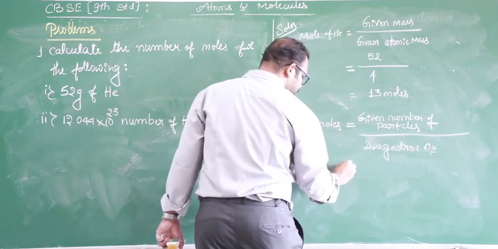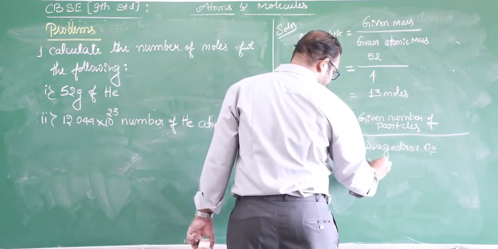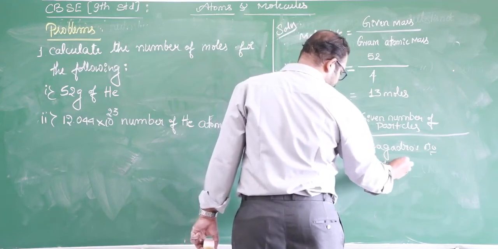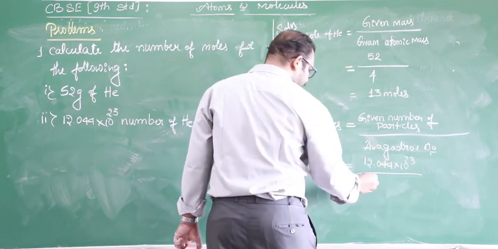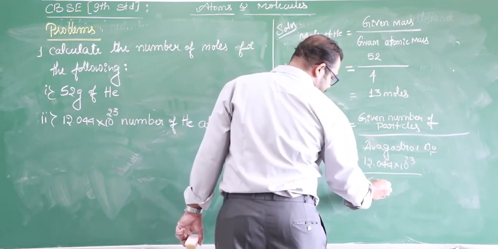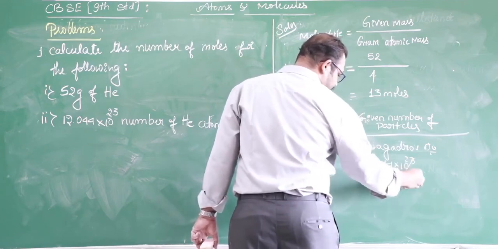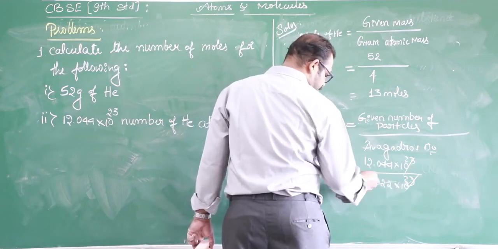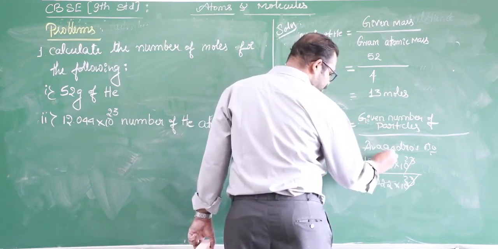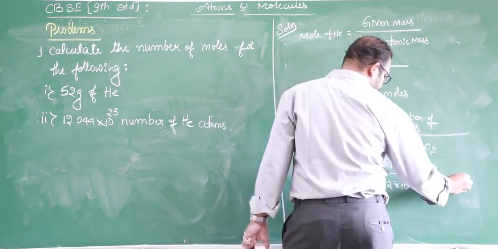The given particle number is 12.044 into 10 to the power of 23, and the Avogadro constant is 6.022 into 10 to the power of 23. The 10 to the 23 gets cancelled, and 12.044 by 6.022 is 2, so it is 2 mole.